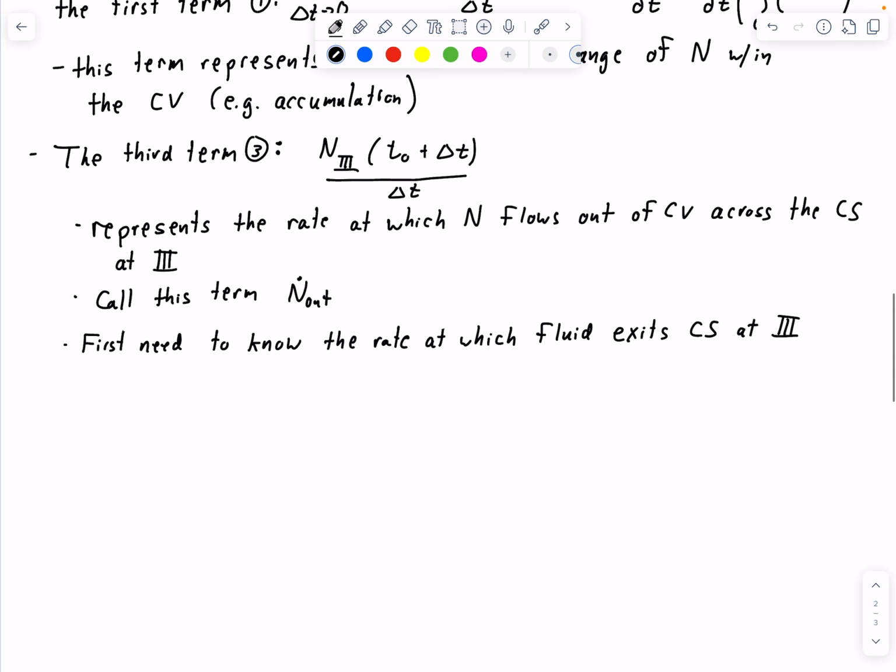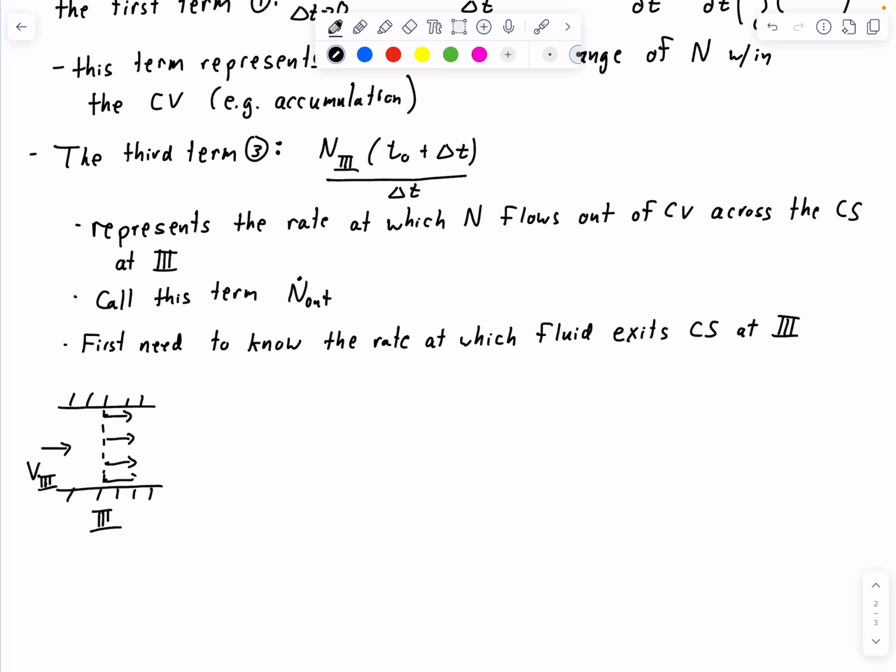And so to do this, we're going to draw a little diagram to represent this. This could just be flow in a channel where, let's say this is our control surface representing 3, and we have some velocity in this channel which is exiting across this control surface, which has a velocity of v3.